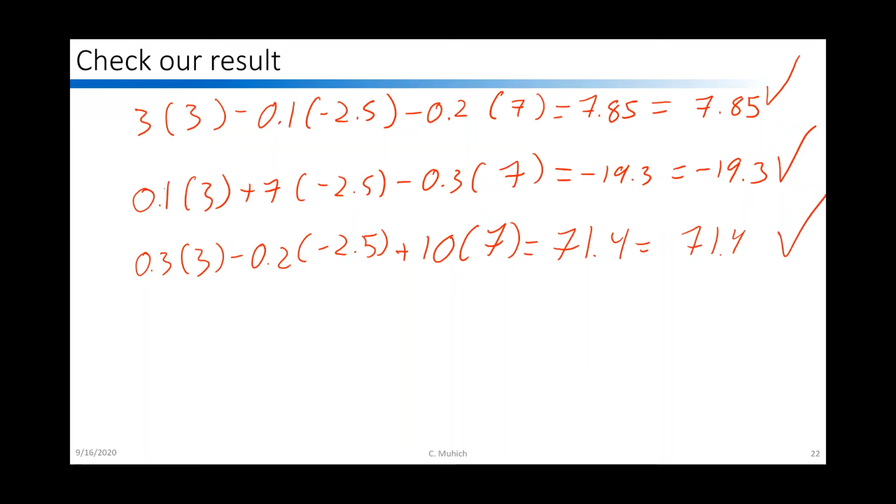So that gets a check mark. So always make sure that we're checking our results. It looks like our x vector is truly 3, negative 2.5, and 7.